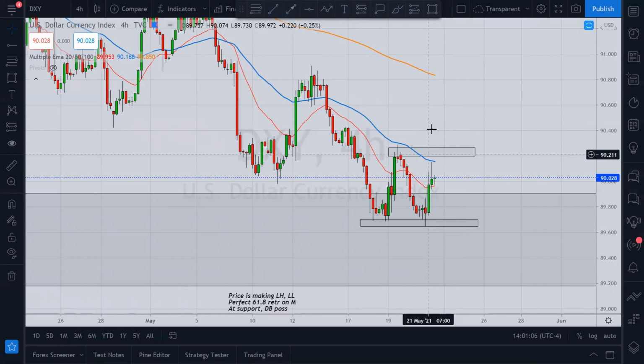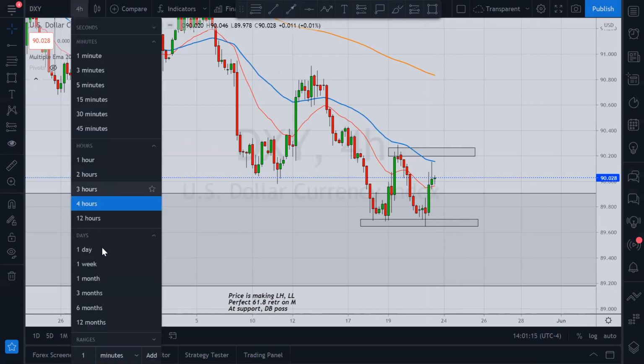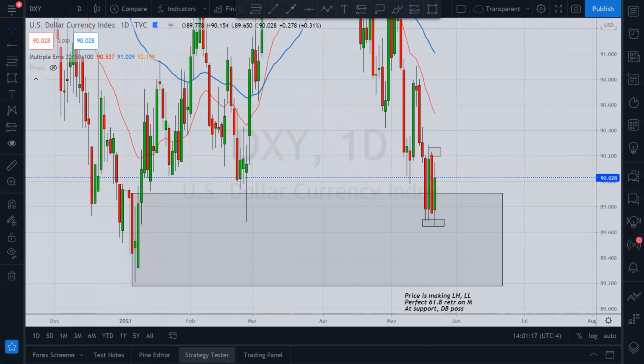And if price breaks past there, then I'll be looking at the price going up to the 91. I should have been showing you that on the daily. Yeah, if price breaks past here, right around 90, what did I say, 90.50?